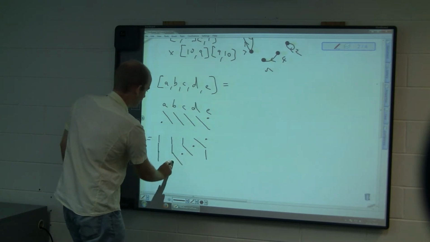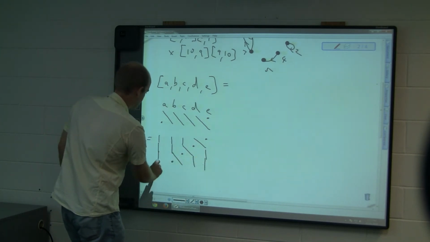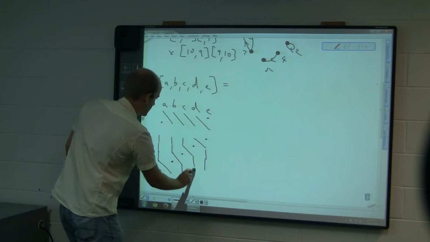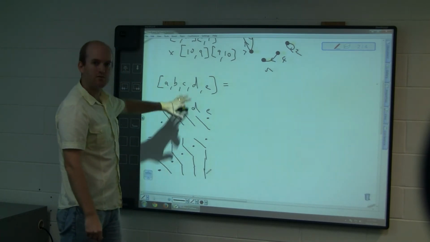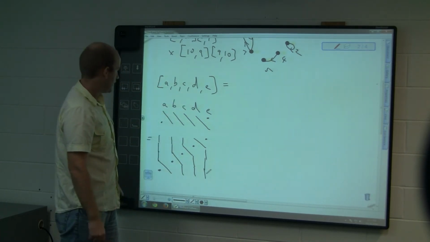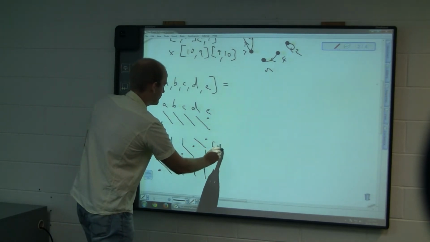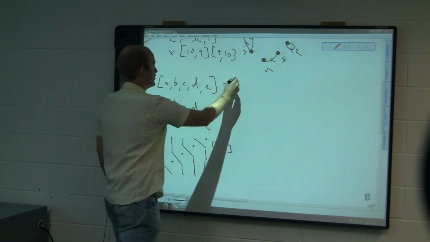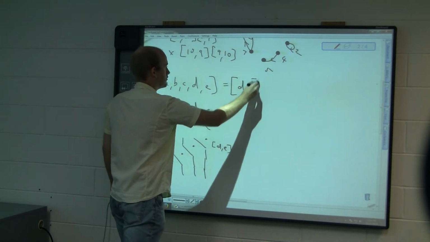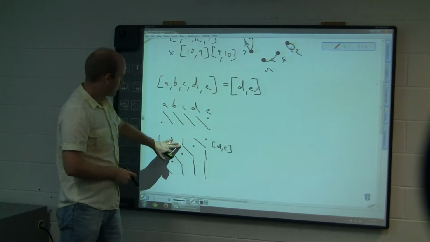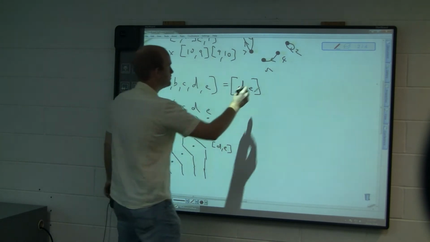Then we move B across, finally move A across, and we've achieved the desired outcome. And that's the product. So this one here is D, E. Then the next one down was C, D, etc.